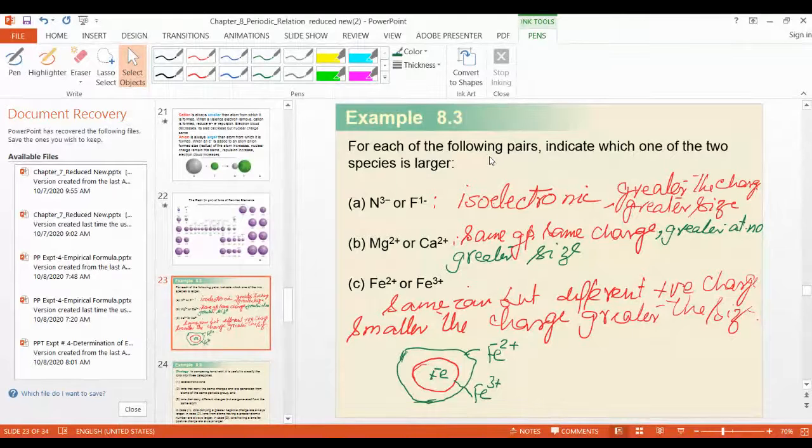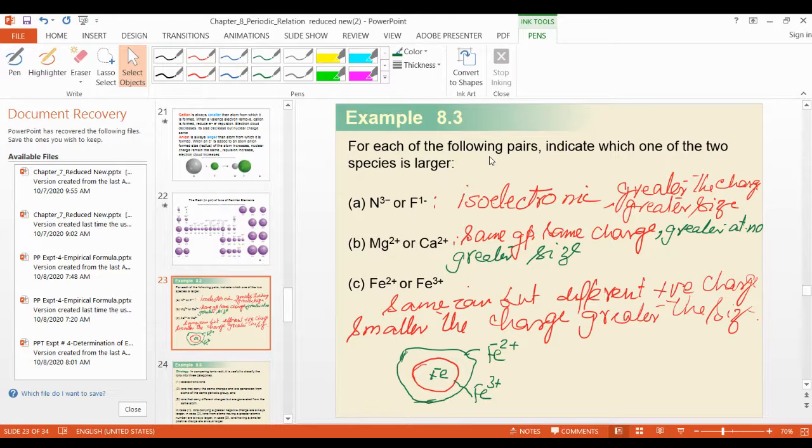You identify which species has the larger anionic charge. If the charge is larger, the size of the species is larger. In case of isoelectronic, suppose 3 is large and 1 is small; if the charge is large, its size will be larger than fluorine. Is it clear, the first concept?